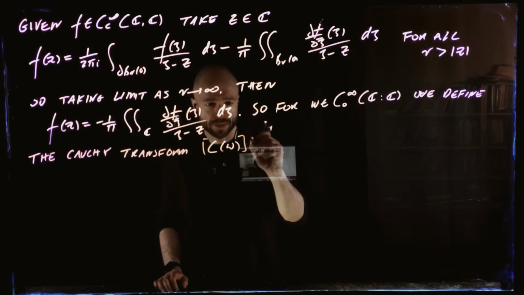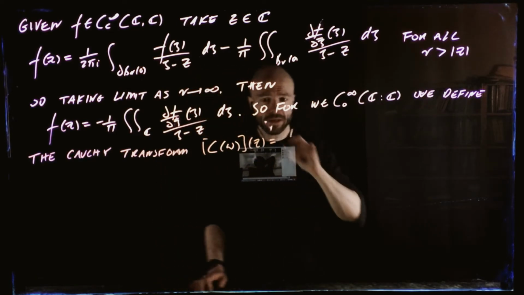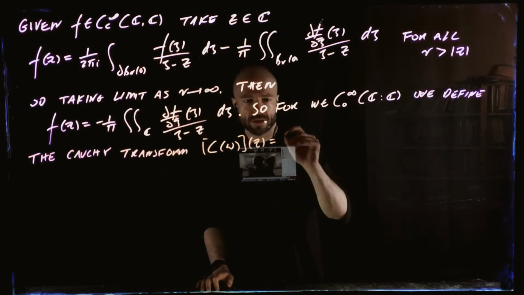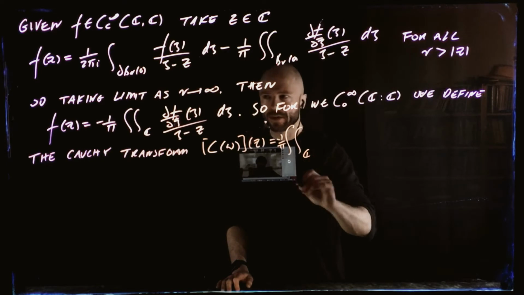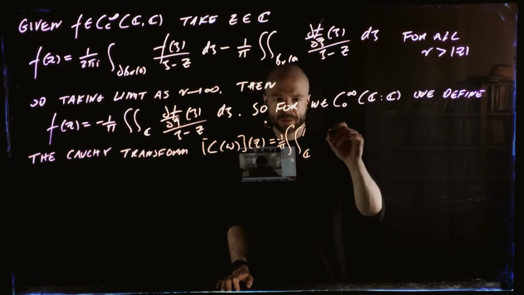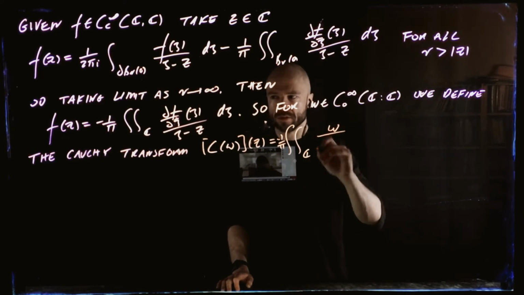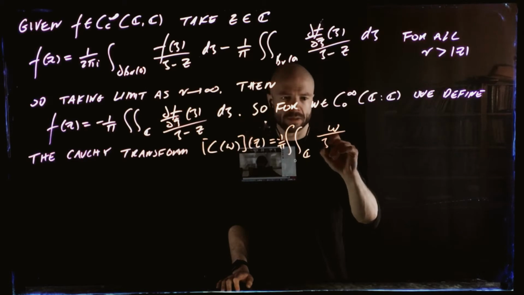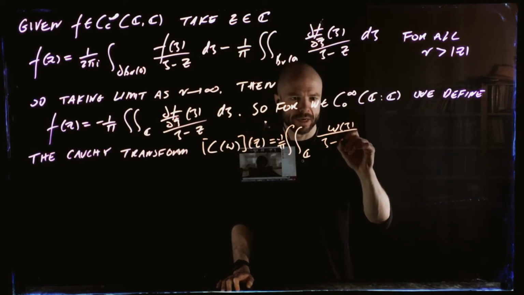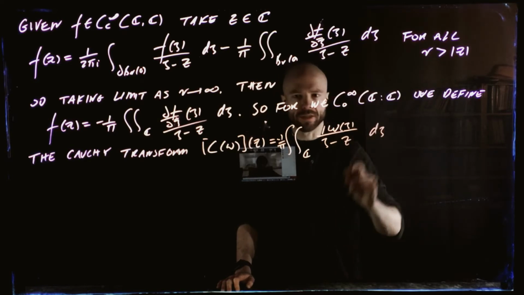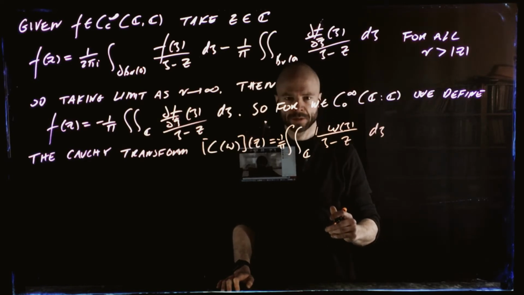This is a function acting on variable z, given by this double integral, minus 1 over π, over the entire complex numbers, and then we're going to just put w of ζ over ζ minus z dζ. Okay, that's how we're going to define it.